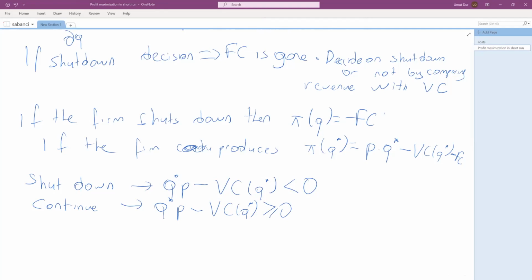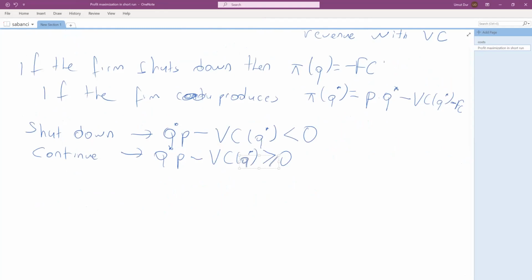Bir ses verebilir misiniz? Yani bir sesiniz geliyor mu gelmiyor mu onu şey yapmak istiyorum. Hocam şimdi bu continue'daki Q-star'lara bakıyoruz. Küçüktür 0 ve büyük eşittir 0'a göre bakıyoruz değil mi bunlara? Hocam gelmiyor mu sesim? Sesiniz gelmiyor sanırım.